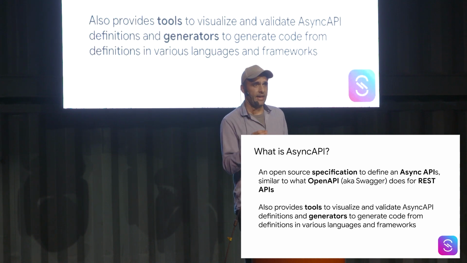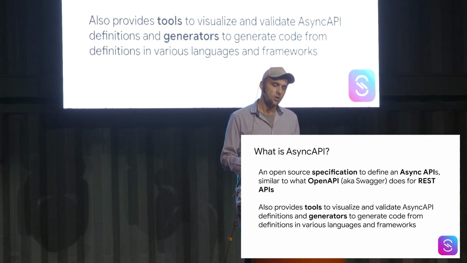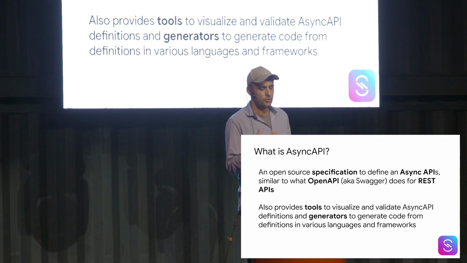It's not only a specification though, it's also a way to visualize that specification. So you have the specification, and then you can see what your architecture looks like, and also use generators to generate code from that specification. You can, for example, look at the spec and generate a subscriber to that spec, or generate a producer for that spec in different languages.